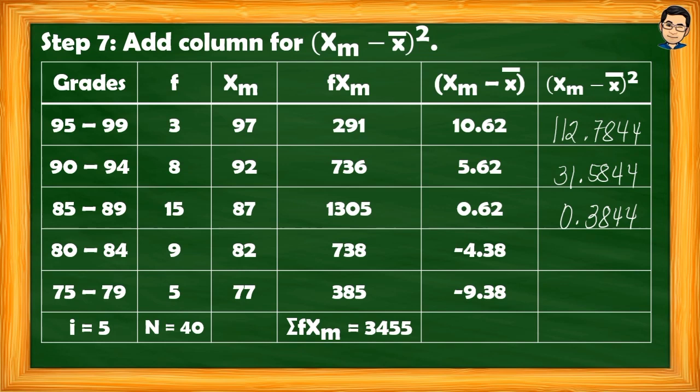Next, negative 4.38 times negative 4.38, that is 19.1844. And then finally, negative 9.38 times negative 9.38, the product is 87.9844. Okay. So, ganyan lang po yung process. Okay, step by step siya. So, yan, step number 7 na yan.